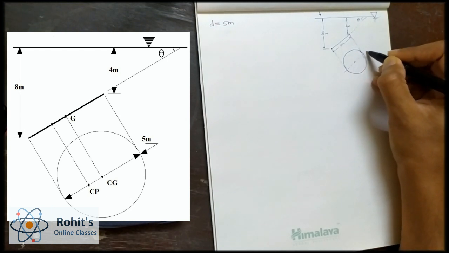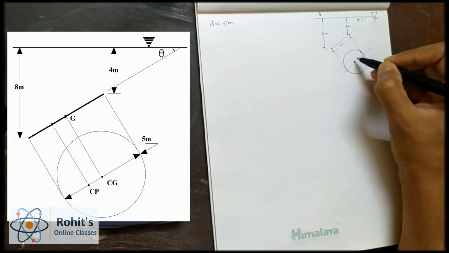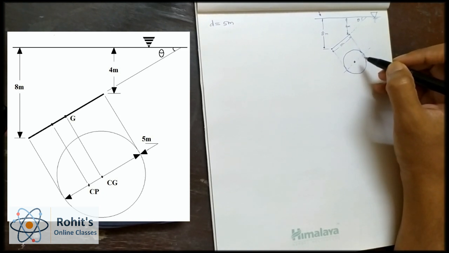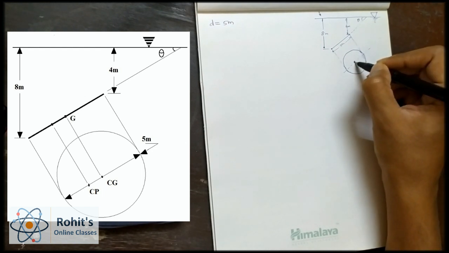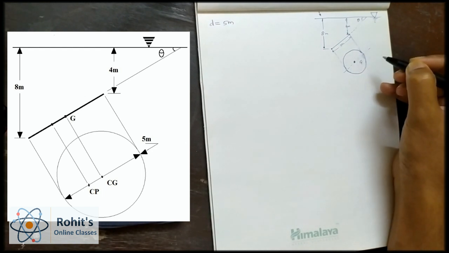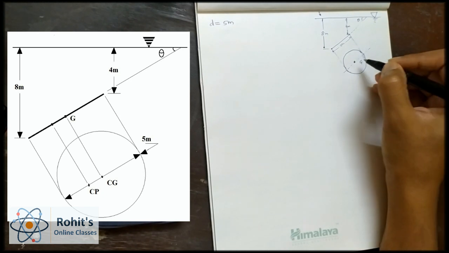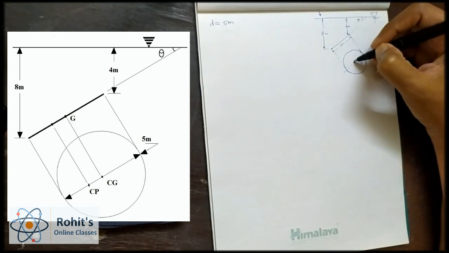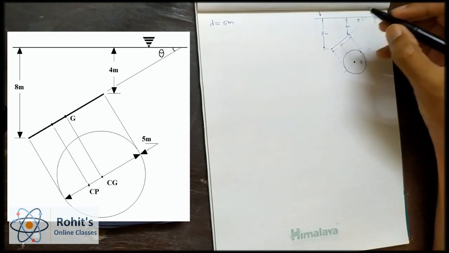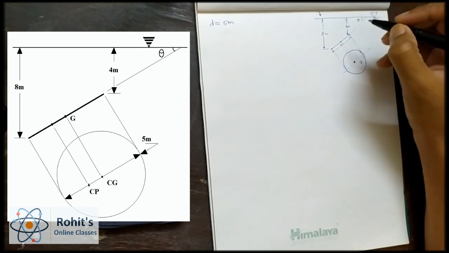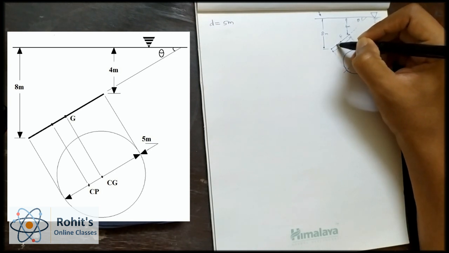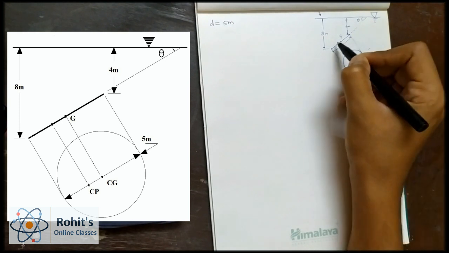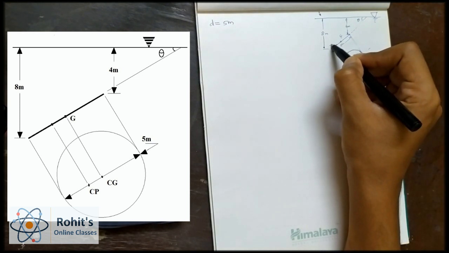Now this is the point that is the center of the circle. And the center of the circle and the center of gravity of the circle are the same point. So this is our point G, correct? And below this point, let us consider this point is located here, at the midpoint of the line, which is our point G. And just below this point is our CP, the center of pressure.